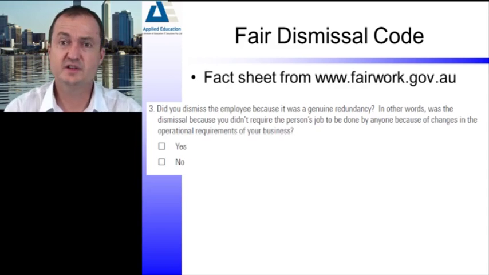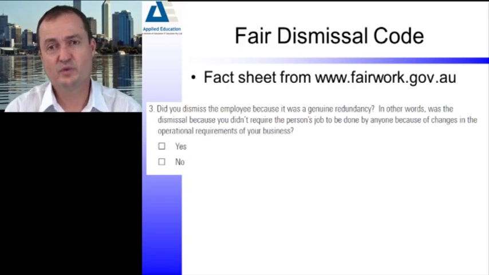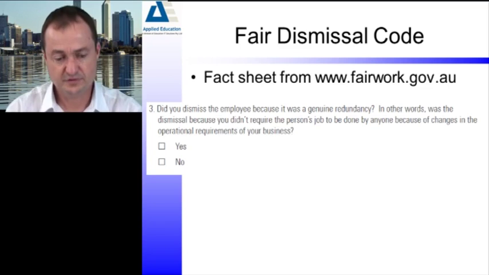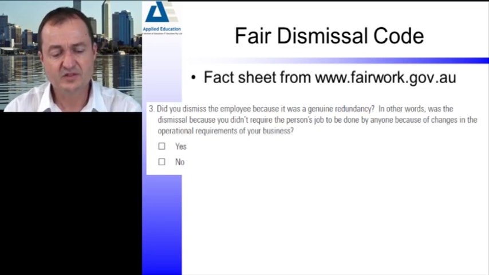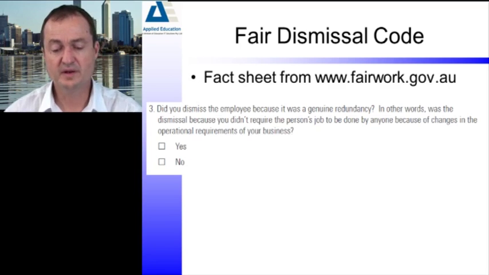I guess the GFC excuse is getting slightly old now, but if you're not replacing them with another person, the redundancy is genuine and it would be deemed a fair dismissal, as long as you've considered redeployment and you've complied with your awards and all agreements.